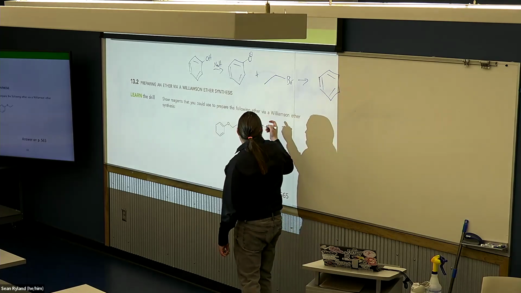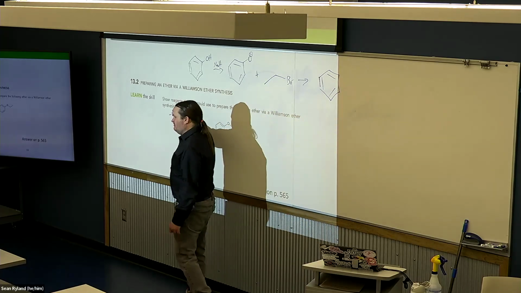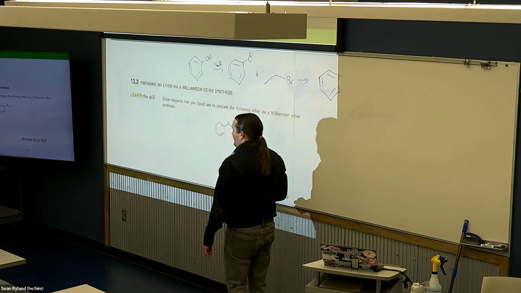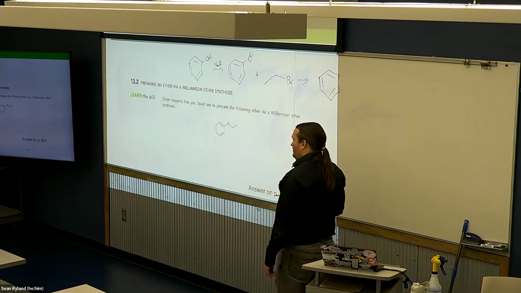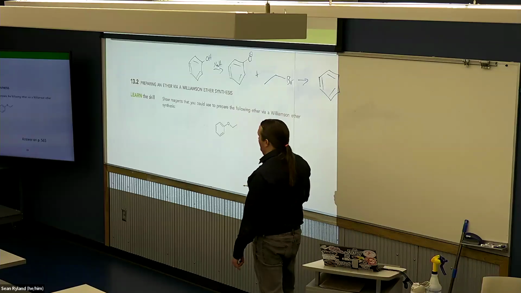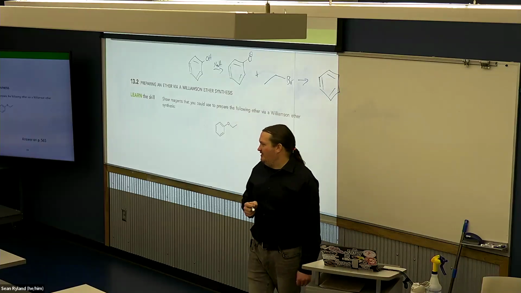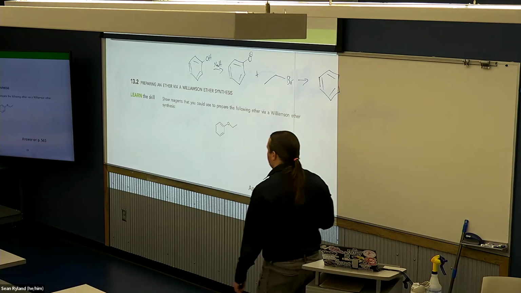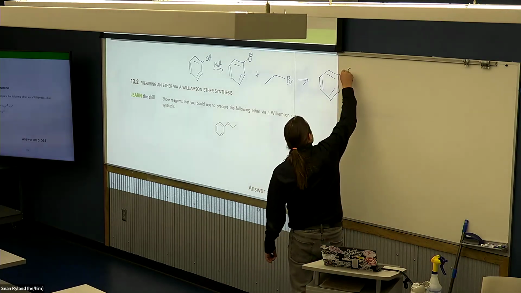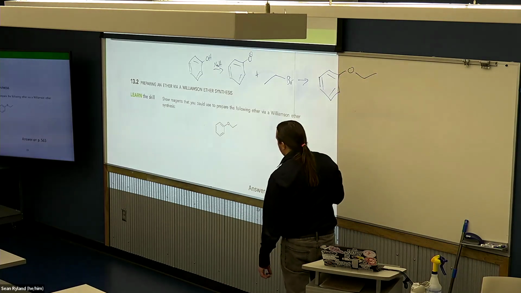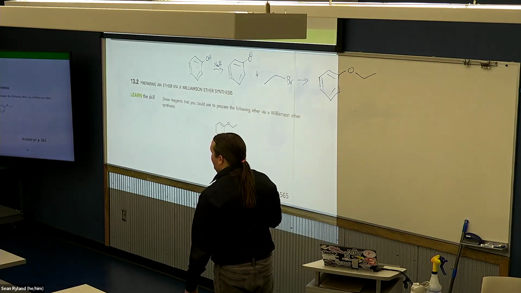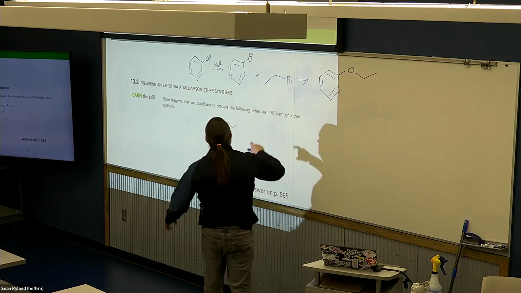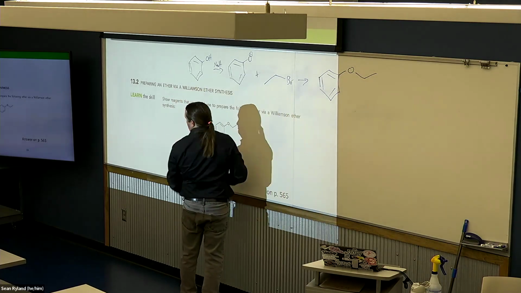So since it does ask for specific reagents, I just want to pick one. Iodide or bromide are really common for the small R groups because they make it so that it's solid or liquid at room temperature. If you try to do ethyl chloride, that's going to be a gas at room temperature, and we don't want to do a gas. So once you have one of them, all you do is switch what's the alcohol and what's the bromide.